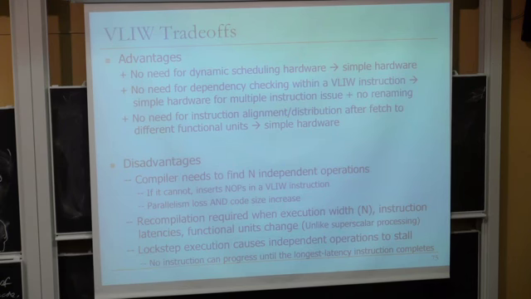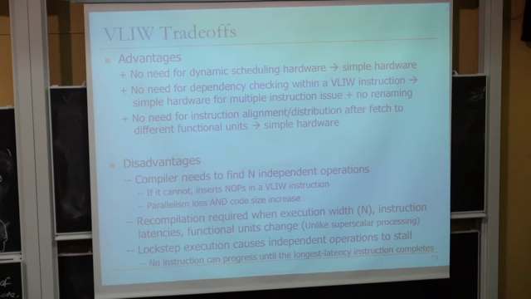Disadvantages, well, here it is. The compiler needs to find n independent operations, right? Whenever you want the compiler to find independent operations, if it cannot, what does it do? It inserts no-ops into a VLIW instruction. And this leads to loss of parallelism and code size increase. The other thing here is you need to recompile the code if, in the next generation of the processor, you change the width of the machine.